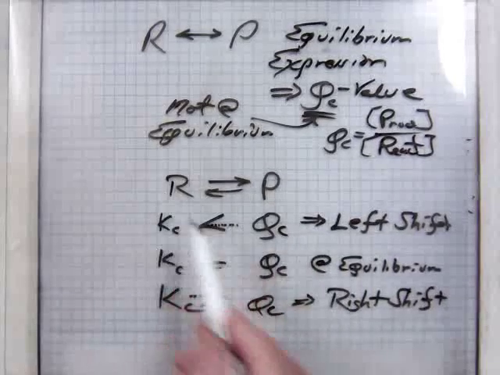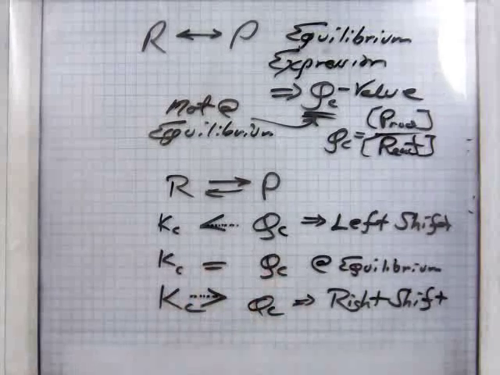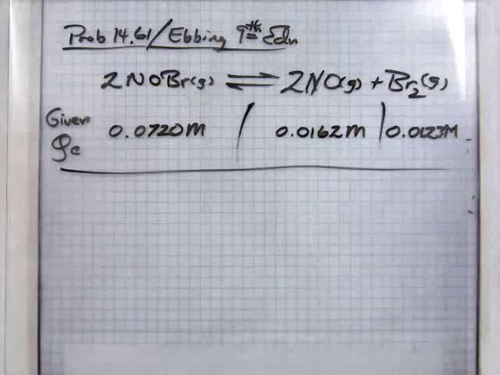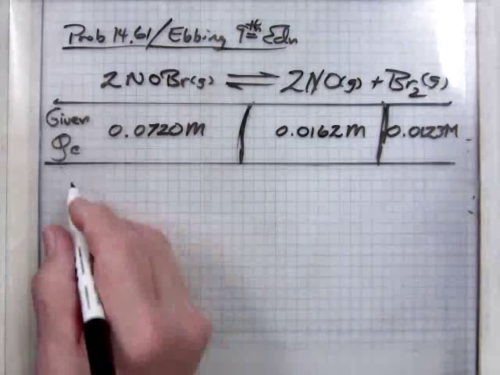Now it goes reactants to products, left to right. Now you typically write it in that context. So let's see how this is applied to a. Of course, we want to calculate KC and then compare it to the QC.